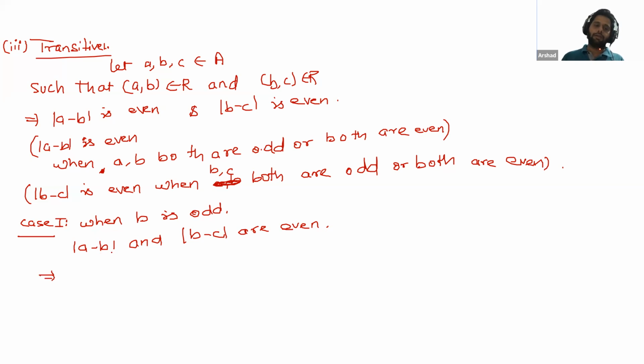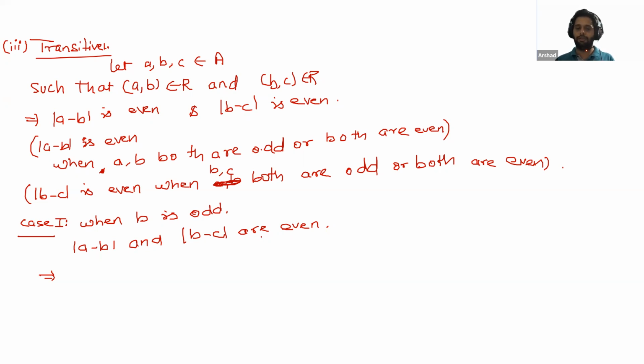So anyone can tell me, if B is odd, then what will be the value of A and C? A and C will be even or odd? In this case, A and C are odd. Very good.